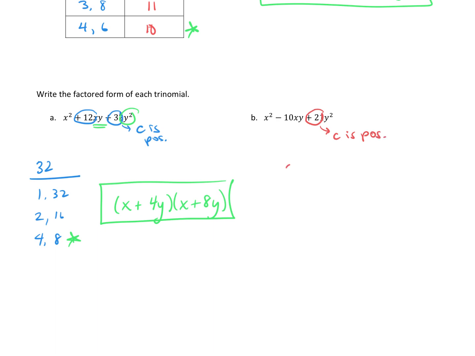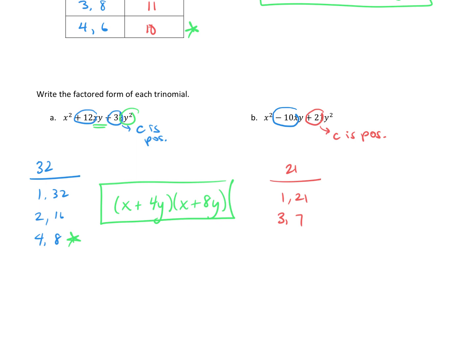But let's list our factors of 21. 1 times 21, 2, no, 3, yep, 3 and 7. 4, 5, 6, no, 7 is a factor, but we already have it listed. So we have our factors. Now we're looking for a factor pair that's going to add up to a negative 10.